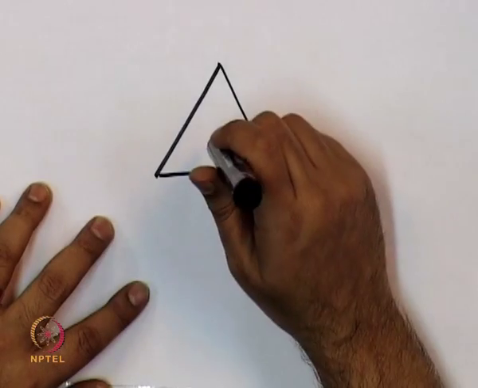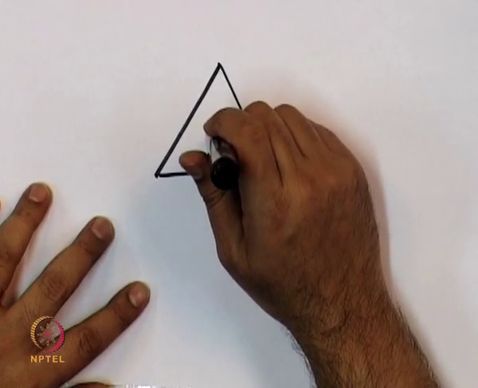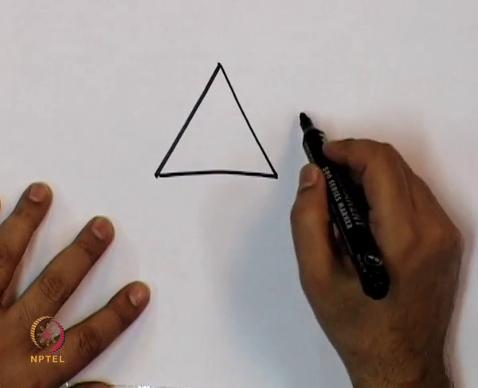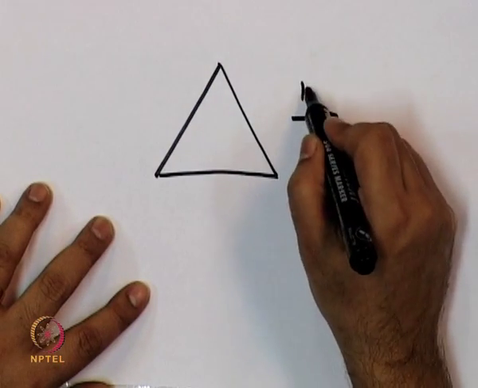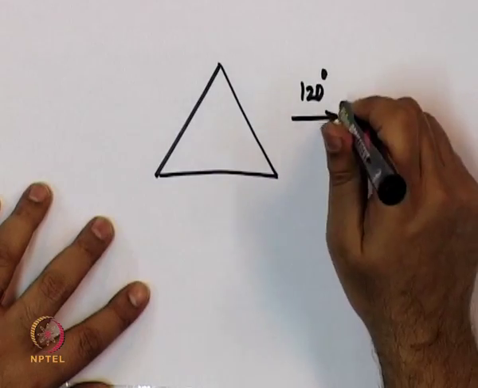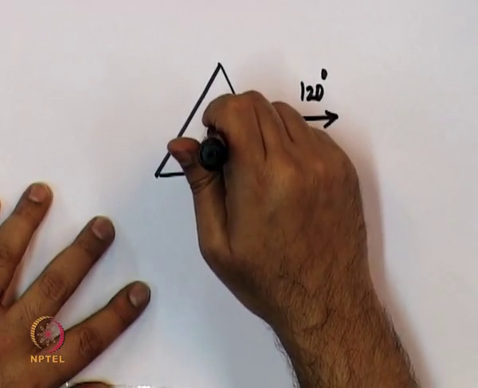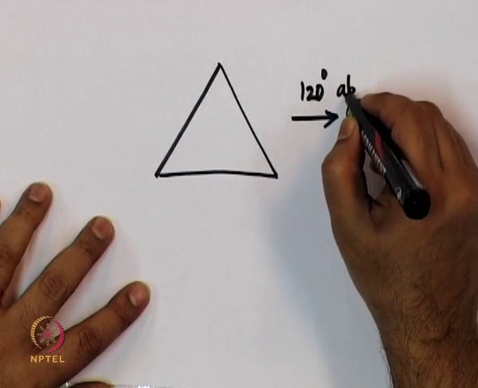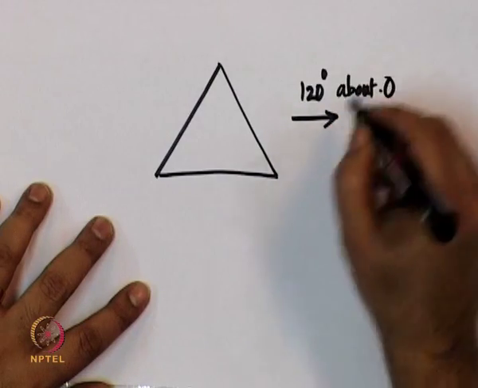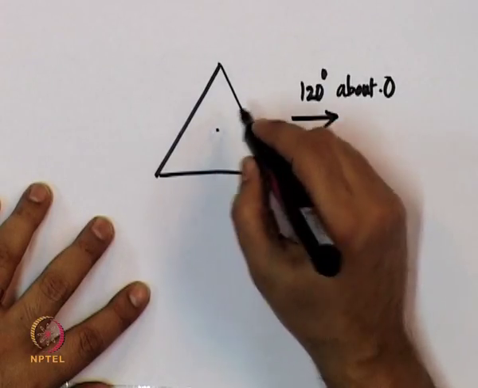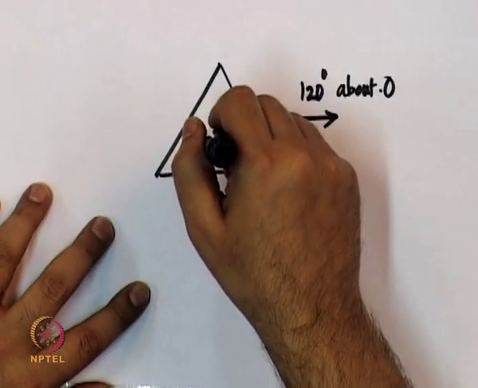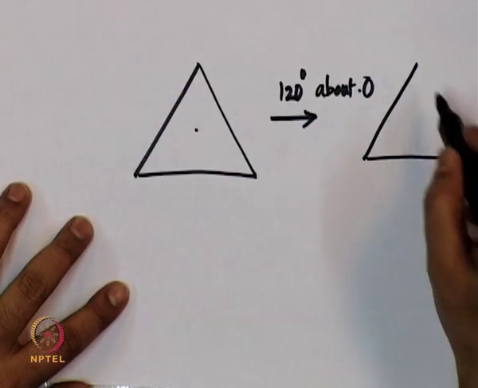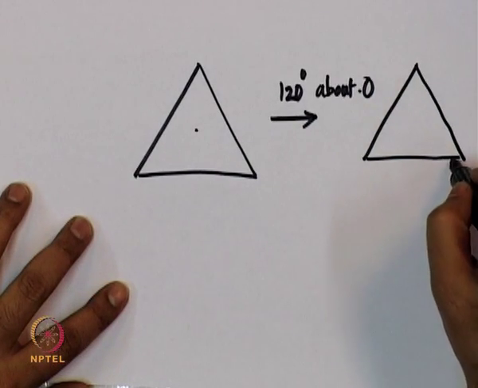For example, if I took its center of gravity and did a 120-degree rotation about an axis passing through the C of G, so about O, right.